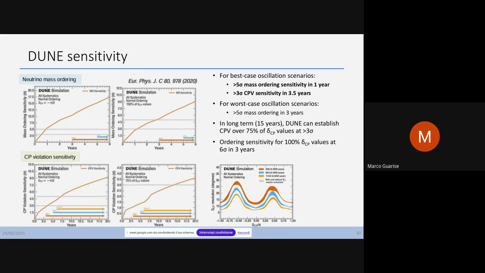Otherwise, on the long term, we should test all the possible values of this phase, and so in order to have a 3 sigma sensitivity of the charge parity violation, we need more than 10 years, 12, 15 years. And this is the expected resolution of the angle.